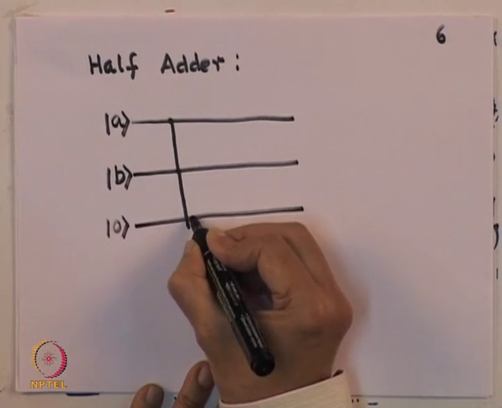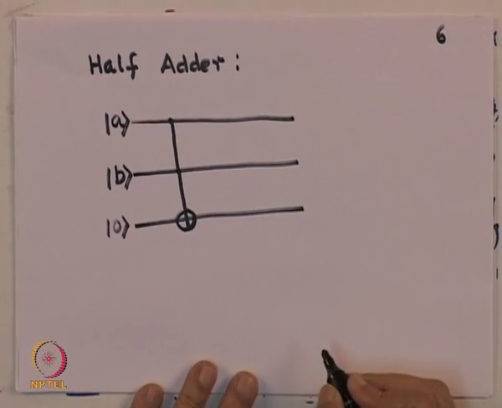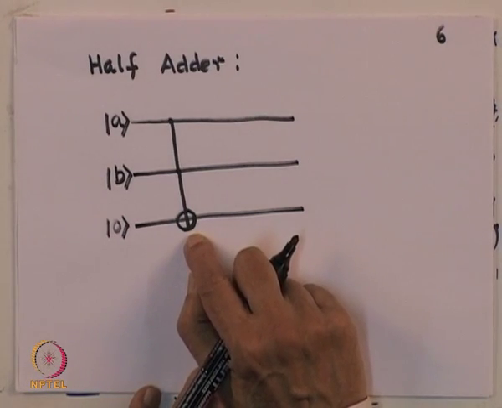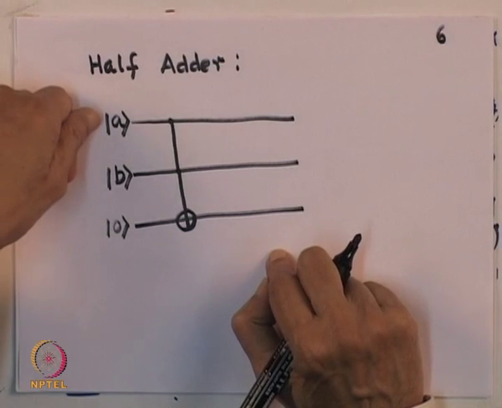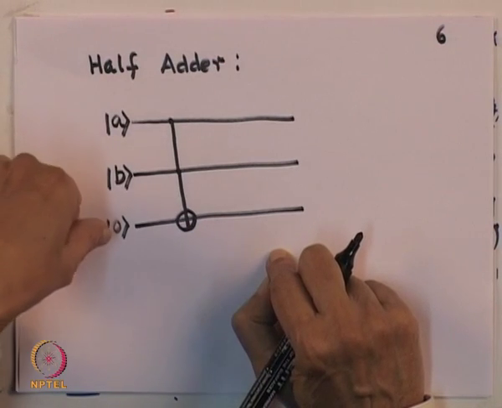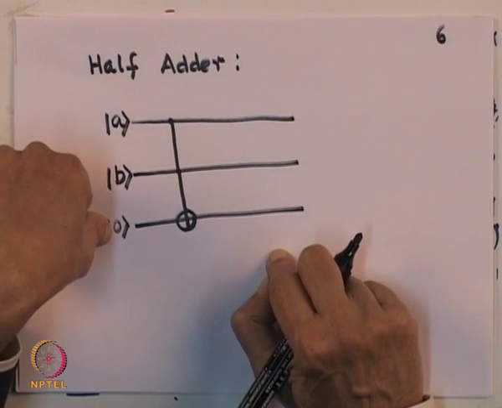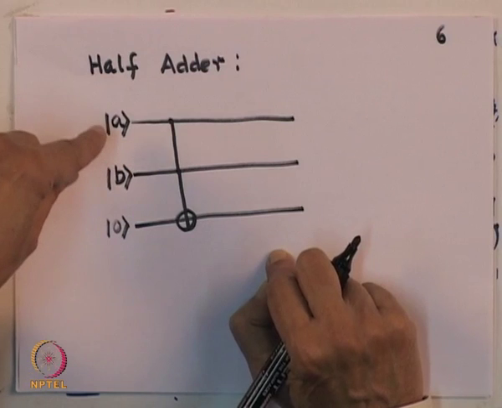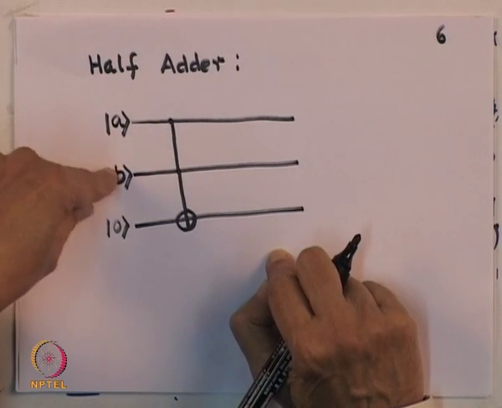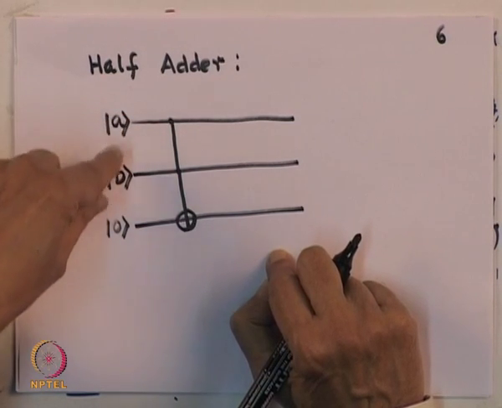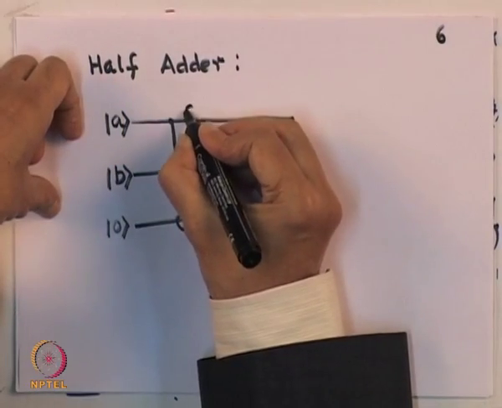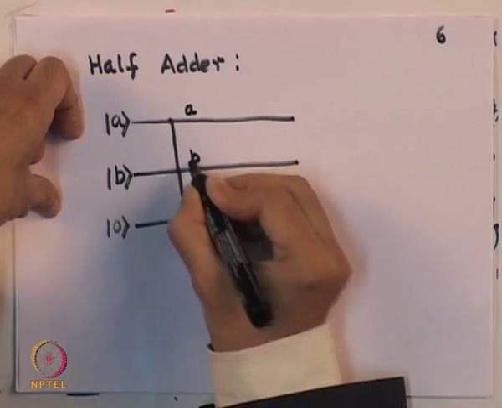A CCNOT gate would flip this bit from 0 to 1 only if both A and B are equal to 1. But remember, a CCNOT gate does not do anything to the controls themselves. So this will remain A and this will remain B.